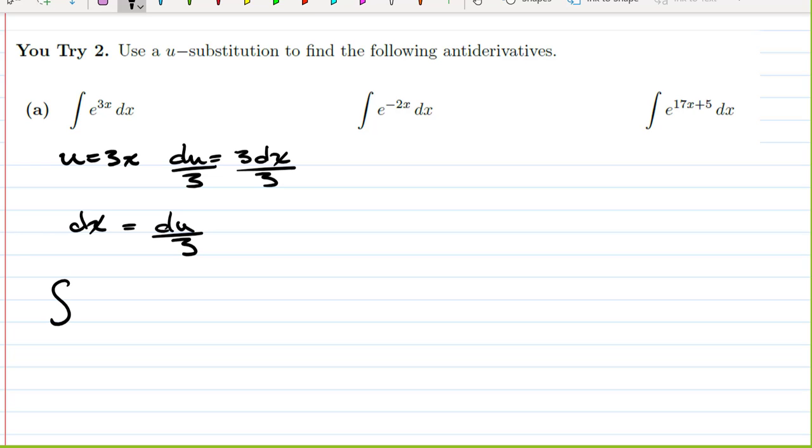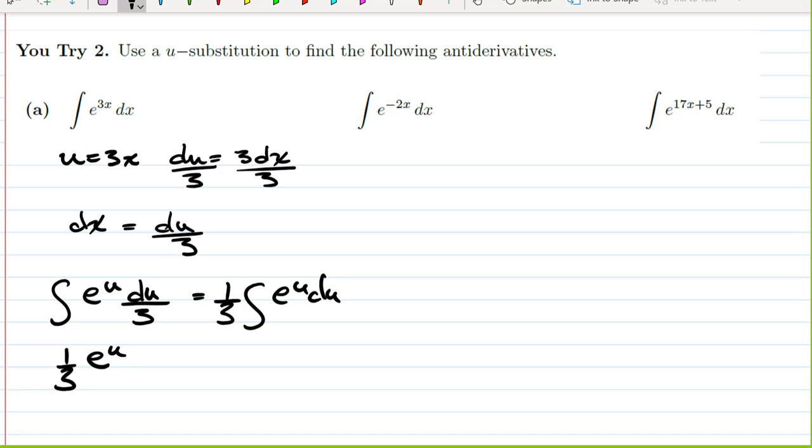We substitute that into our integral, and we get e to the u times du over 3, or 1/3 the integral of e to the u du. So that gives us 1/3 e to the u plus c, which is 1/3 e to the 3x plus c.